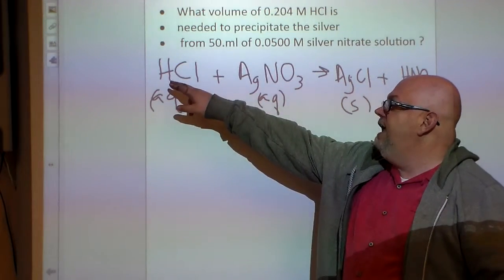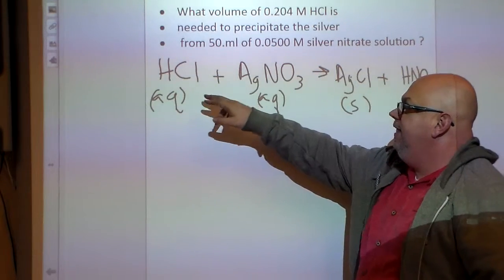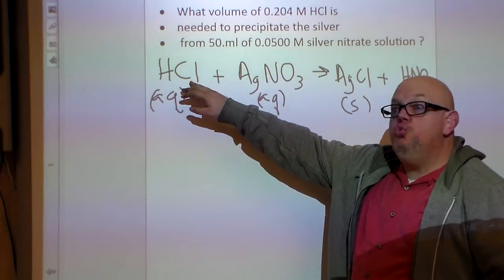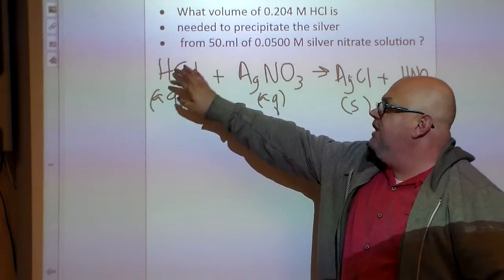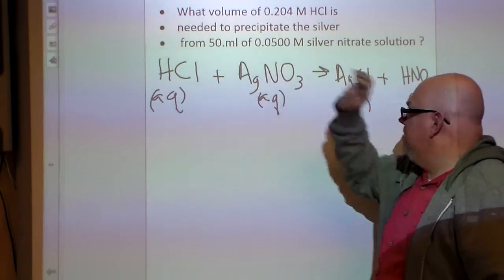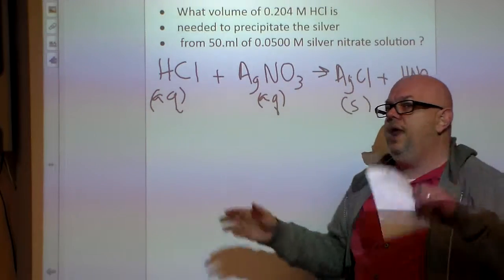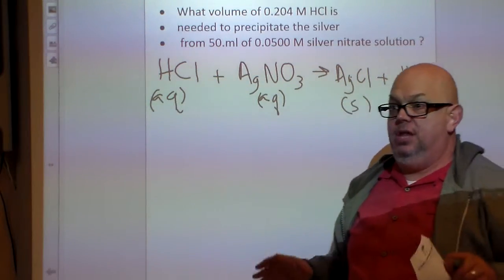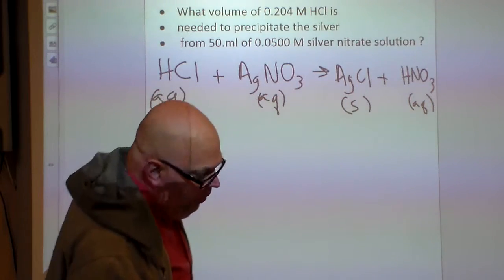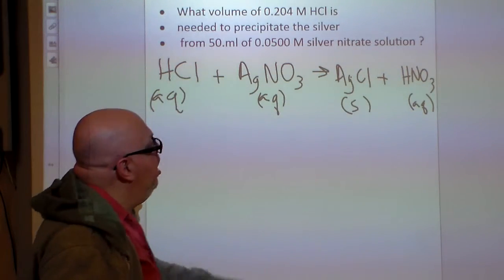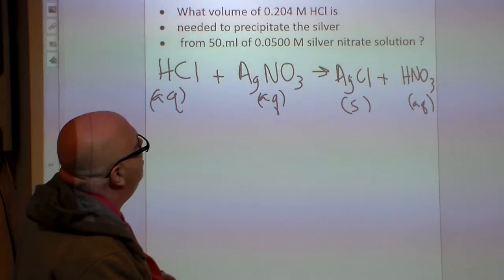But let's say it was Cl2 instead of HCl, for the sake of argument. Then you have double the number of chlorine atoms over here, and we would have to respond differently to it.